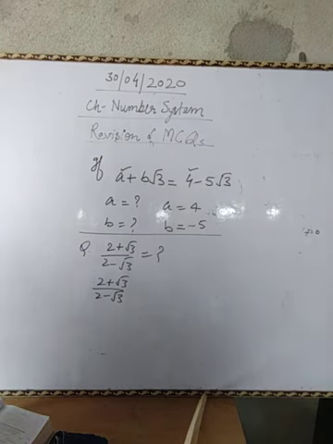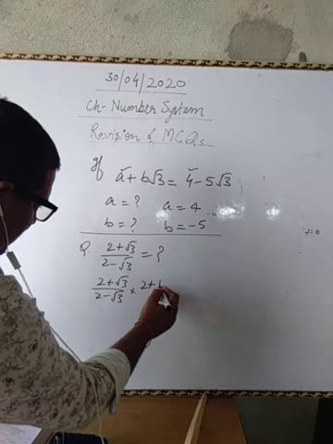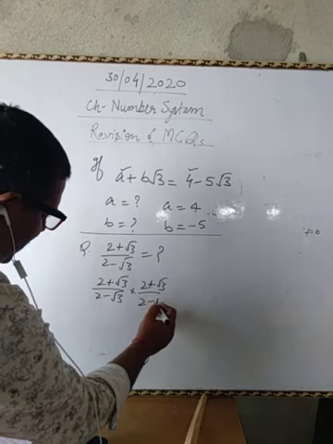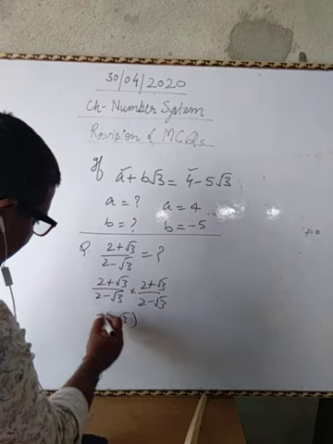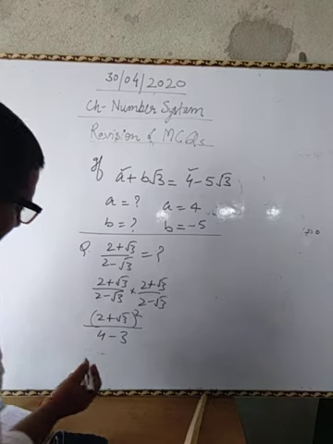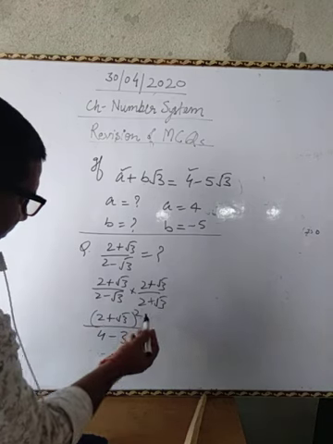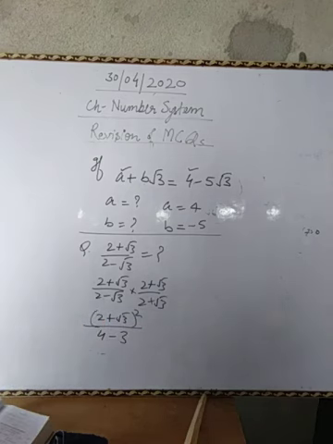So, we will multiply the numerator as well as the denominator by 2 plus root 3. This is 2 plus root 3 whole square upon 4 minus 3, because the square of 2 is 4 and the square of root 3 is 3.